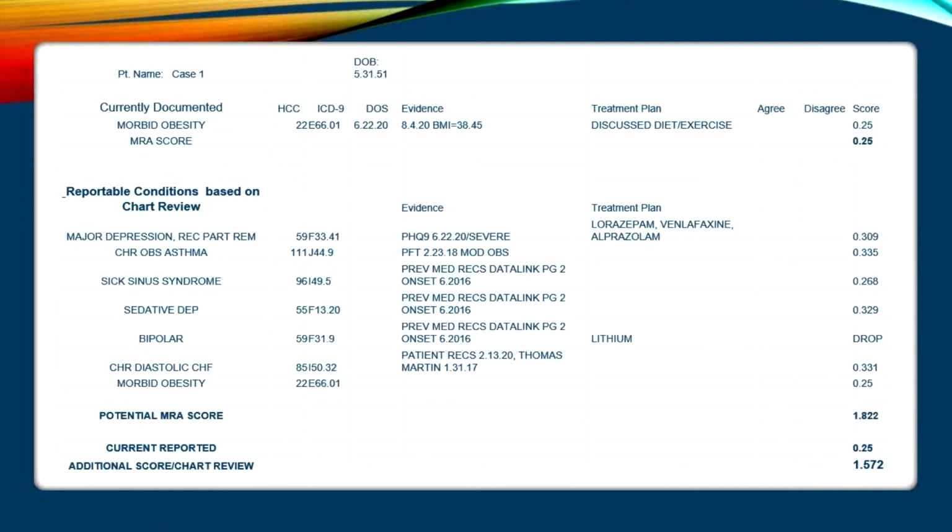But it's significant. I mean, you're talking about 1.6. That's a huge amount of money. So what the payment is based on the score? Well, the member score is partially based on the score from the MRA conditions.